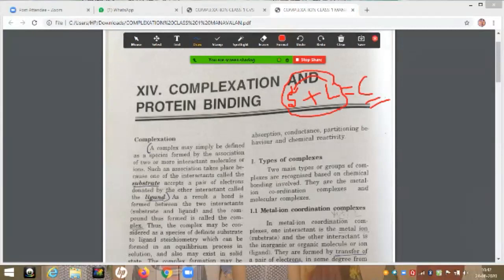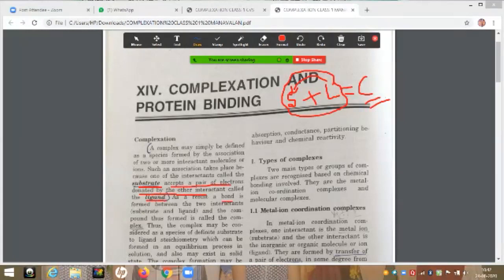So, complex may be defined as a species which is formed by the association of two or more interactant molecules or ions. Such an association takes place because one of the interactants, which we call the substrate, accepts a pair of electrons which is donated by the other interactant, which we call the ligand.